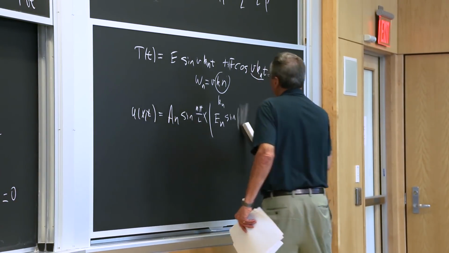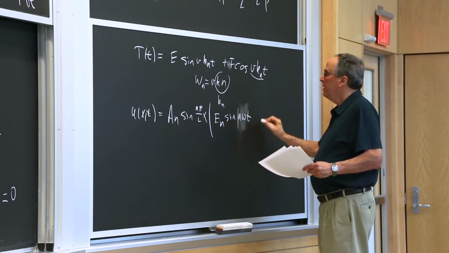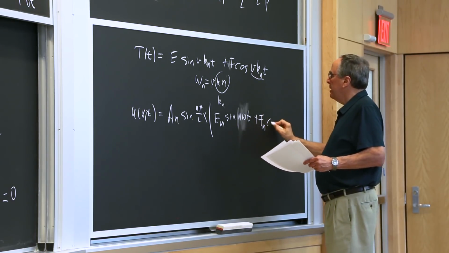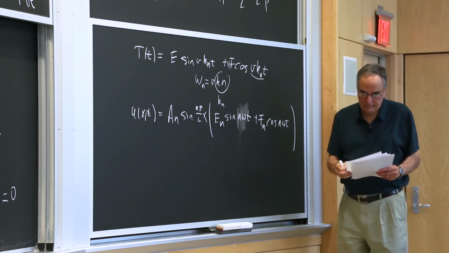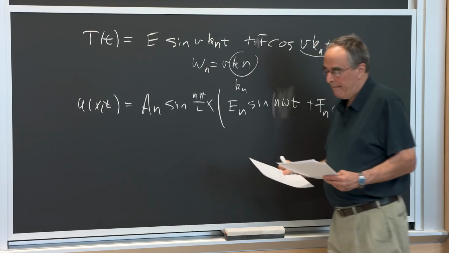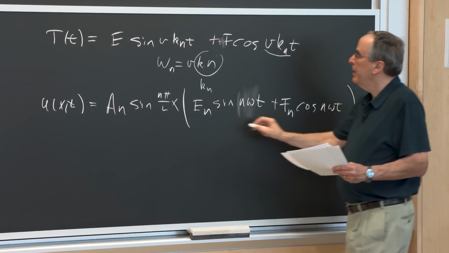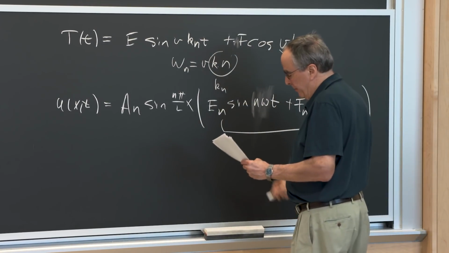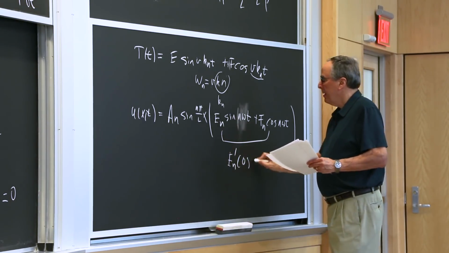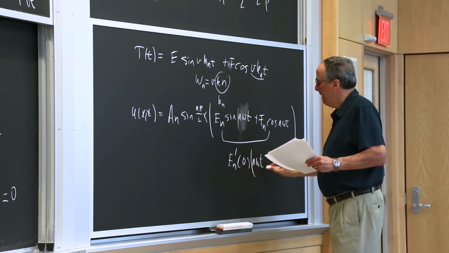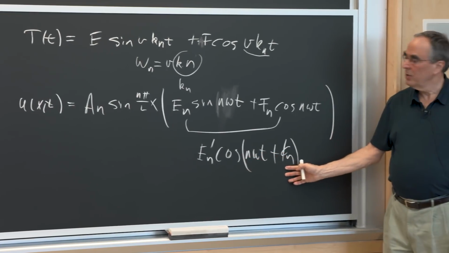I'm so used to the pictures, I don't even want to look at the equations anymore. So we could also take this and rewrite it in a simpler form, E n prime cosine n omega t plus phi n. So we can combine these two terms as a single cosine with a phase factor.